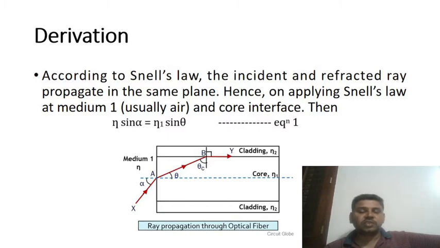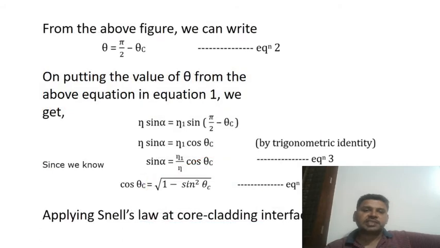After knowing this, we apply Snell's law to these equations. Using the figure, we get theta equal to pi by 2 minus theta c, where theta c is the critical angle. On putting the value of theta in equation 1, we get n0 sin alpha equal to n1 sin of pi by 2 minus theta c, which gives n0 sin alpha equal to n1 cos theta c.